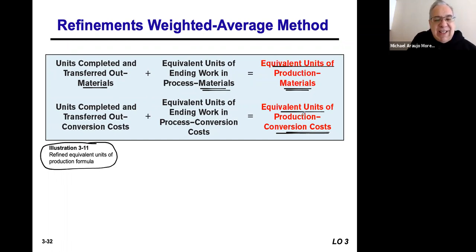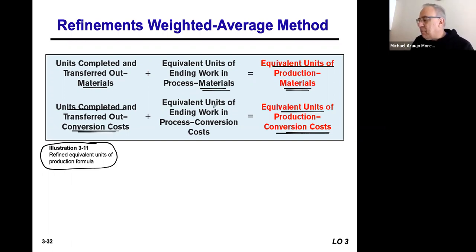However, for the ones that are being converted, the ones that are done have already been converted. So all 700,000 waffles have been converted because they're done. However, the waffles that are going through the mixing process in this department are only 60% done.